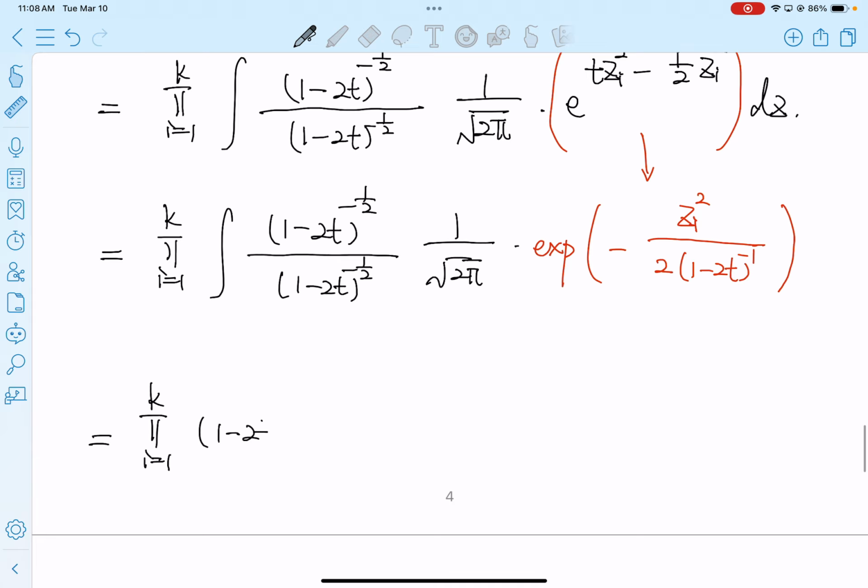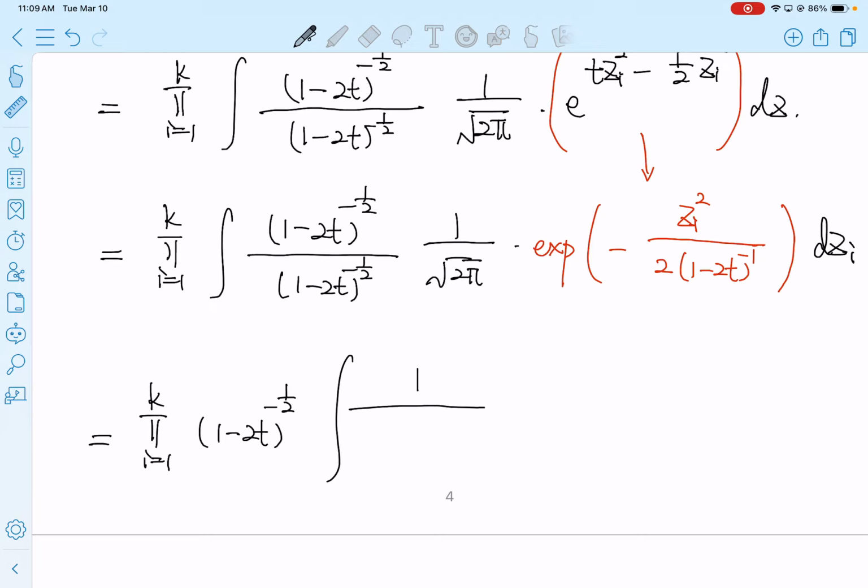One minus 2t to the 1/2. Because that is a constant, the numerator is a constant with respect to z. So we're taking a derivative, an integral with respect to dz_i. This thing is a constant with respect to z, and bring it outside the integral.